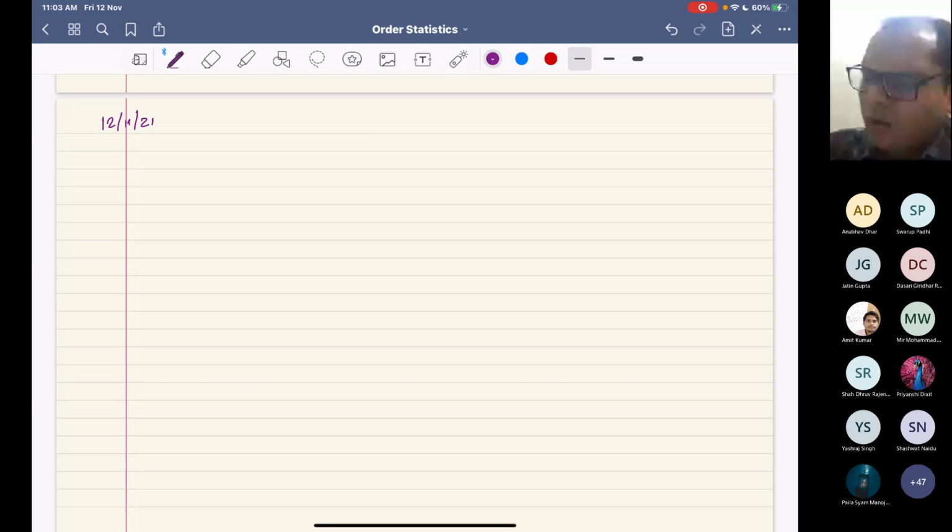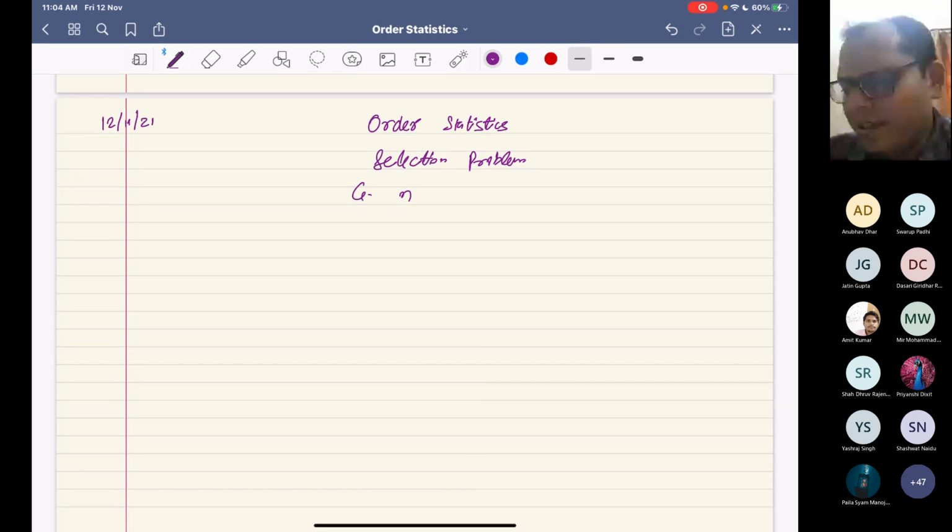So yesterday we discussed order statistics, the selection problem. Given n elements, find the k-th smallest element.